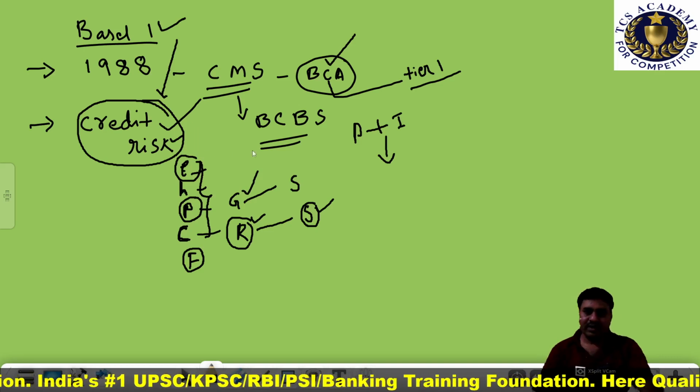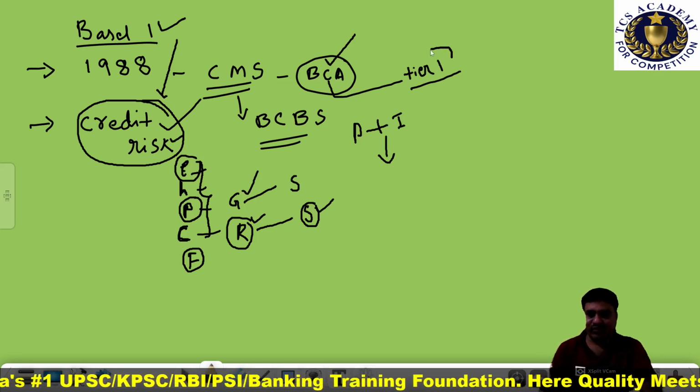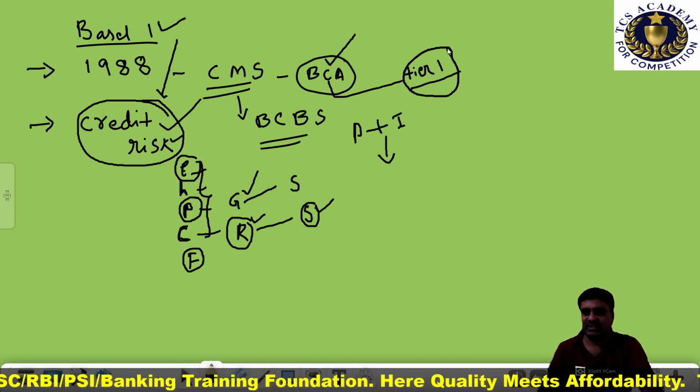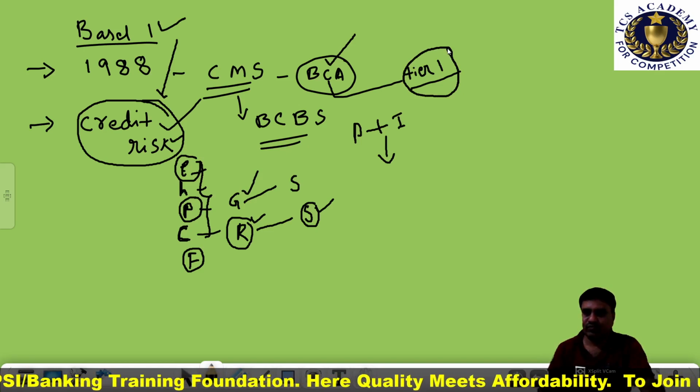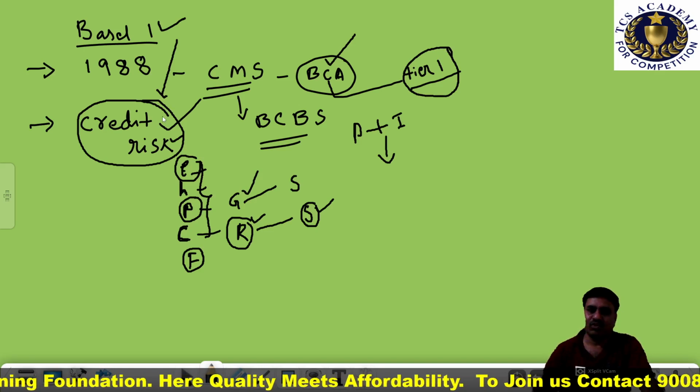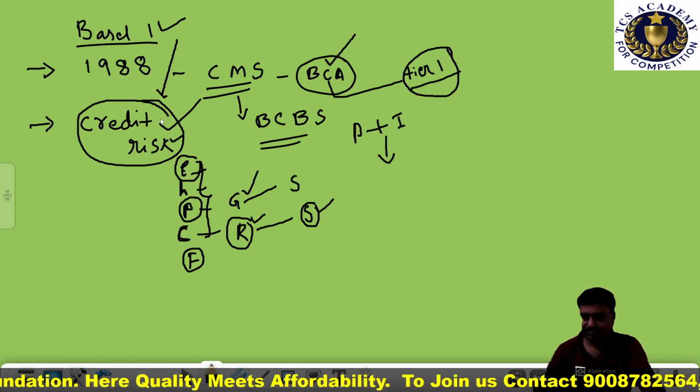This Tier 1 capital, the banker has to maintain as a reserve in order to face problems like credit risk.